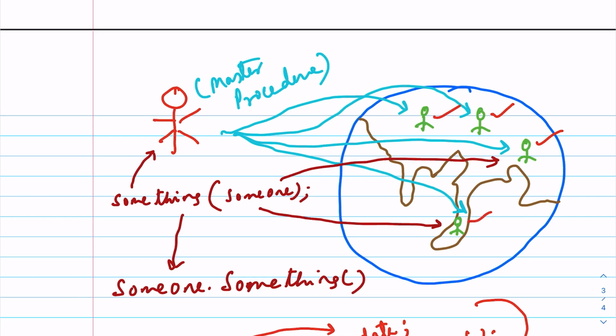They didn't have any free will or behavior to act on the data. So object oriented programming helps us to fix that.